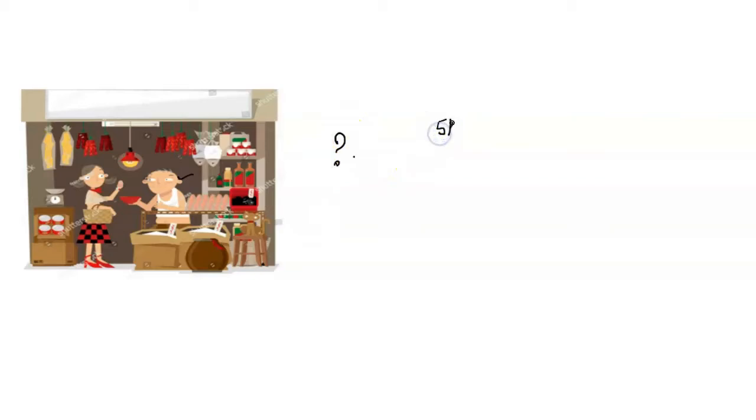Like 5 kgs of rice or 10 kgs of rice. So here in this example, 5 is just a number. This number doesn't have any meaning unless and until we include kg with it. So this kg is nothing but the unit that represents the mass of an object. We represent the rice in mass, so kg is the unit of mass of an object.